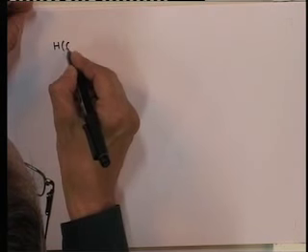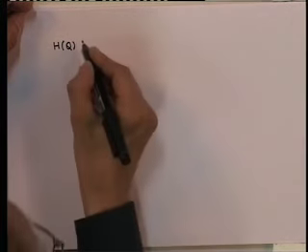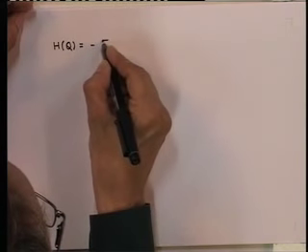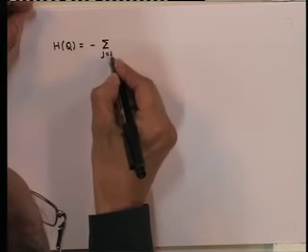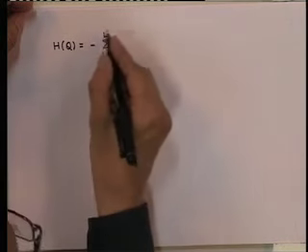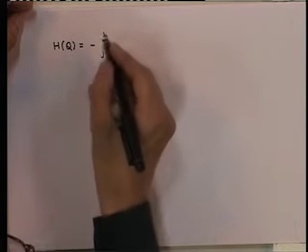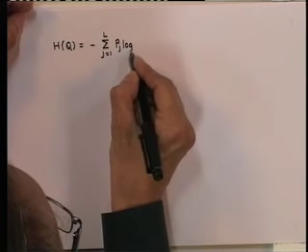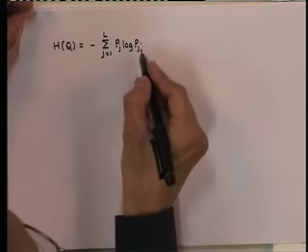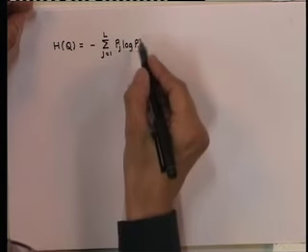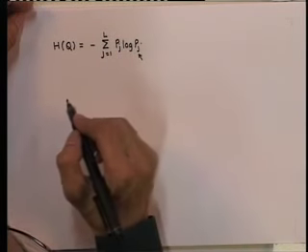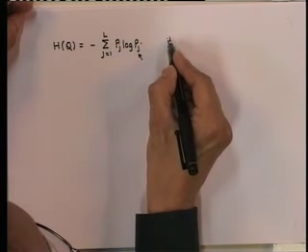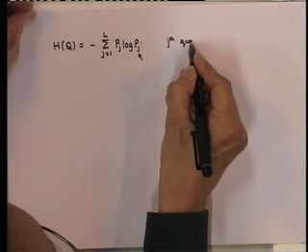Now, the entropy of the quantizer output is given by H_Q is equal to minus summation j equal to 1 up to L, where we assume that the number of quantization levels are L, P_j log P_j, where P_j is the probability of the input to the quantizer falling in the jth quantization interval.